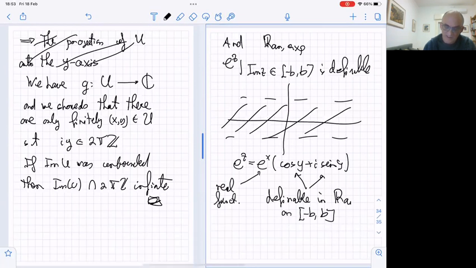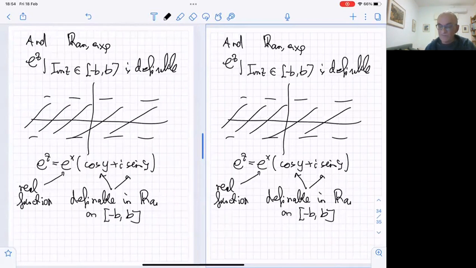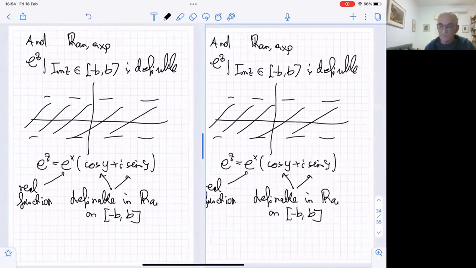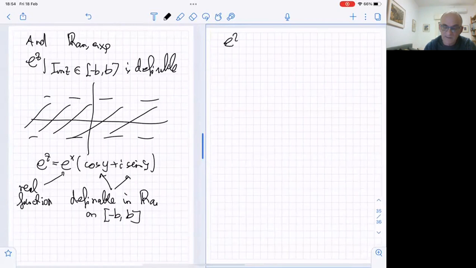Okay, so in Rx, we can define it on any strip. And the little fact I showed before showed that you cannot hope for anything better. You can only define it on strips. All right, and notice that if the strip is large enough, so if we look at e to the z restricted to the strip imaginary part of z is less than pi, then we get a function.